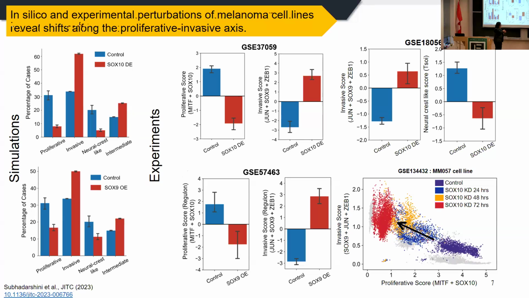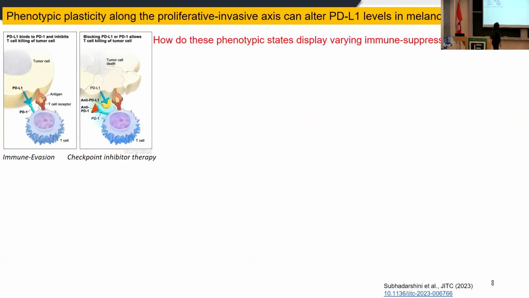So basically, we can map out how this transition from a more proliferative to a more invasive population is going on.